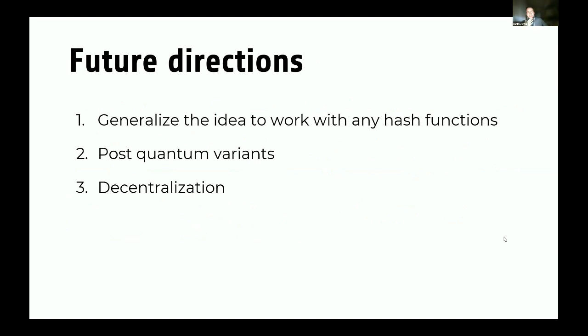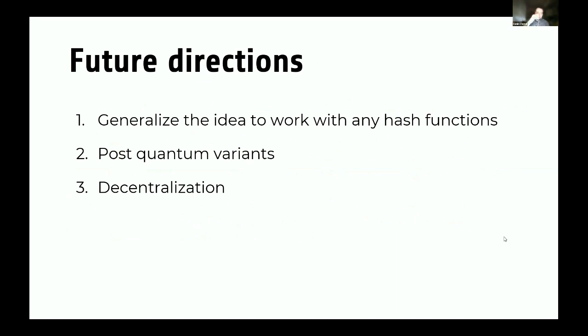A few words about our future directions. First of all, we have some ideas about those, but they are not finished articles. It would be nice to generalize this idea such that it can work with any hash functions, some well-known and more efficient hash functions.